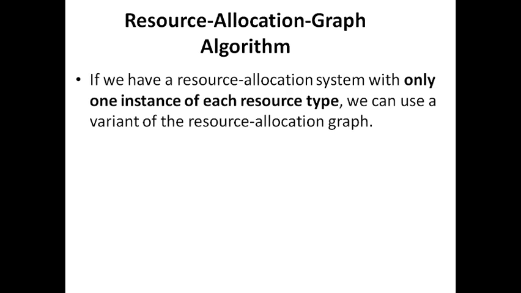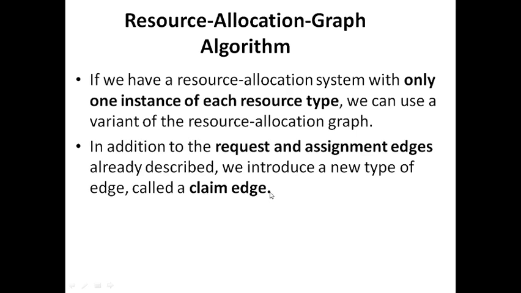Now for deadlock avoidance, we are going to modify that graph by adding one more arrow type. That arrow type is called a claim edge. The difference between a claim edge and a request edge is that with a claim edge, this process will ask for or request this particular resource, but right now it's not demanding.